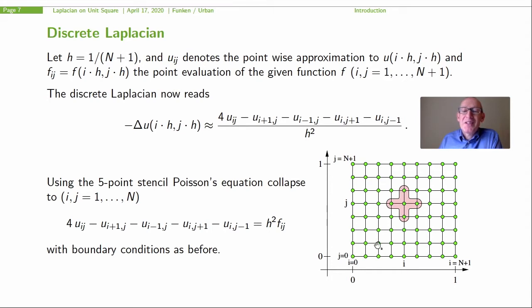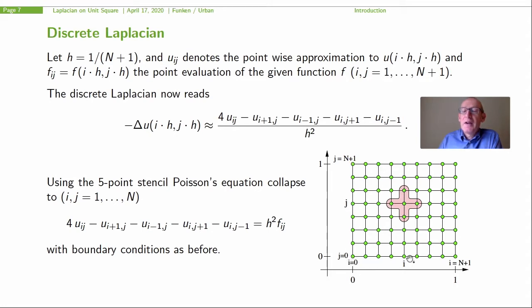We have the mesh size h. H is 1 over n plus 1 when we use numbering from i equals 0 up to n plus 1. So the interior nodes will have i from 1 up to n, so that we'll have n squared green nodes in the interior which are not on the boundary.